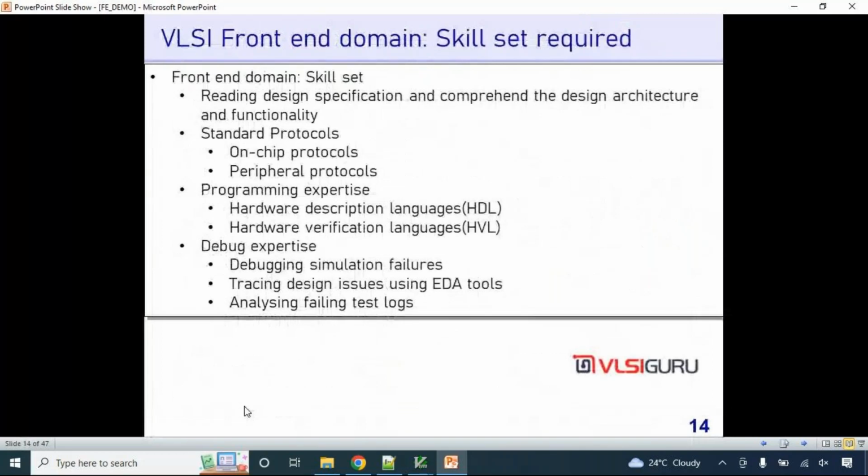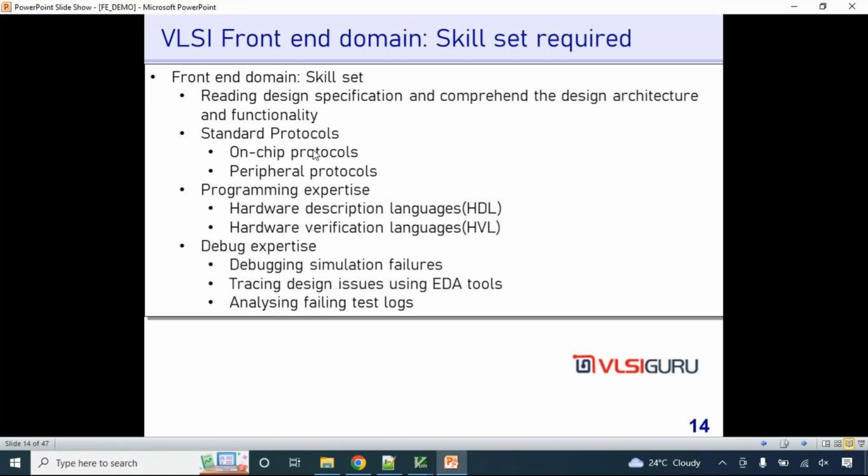Now, for a front-end domain, what is the skill set required? As I said, you should be good at reading the design specification and understanding the architecture and functionality. You should be good with protocols. Protocols are of two types: on-chip protocols and peripheral protocols. On-chip protocols are like AXI, AHB.